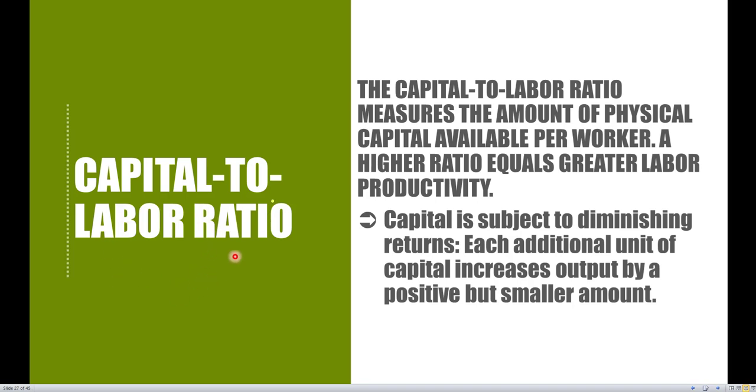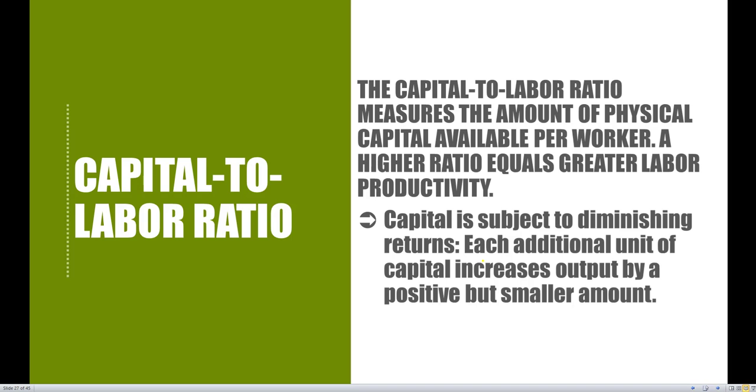So countries in Africa and Asia, the reason why they have such a very rapid economic growth rate is because they actually have a relatively low capital to labor ratio starting off. So here, when we say that capital is subject to diminishing returns, it tells us that every piece of additional equipment or physical capital that you give to your workers is going to make them a little bit more efficient, but not as efficient as a previous piece of physical capital.